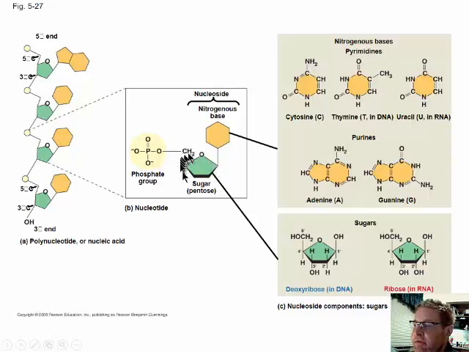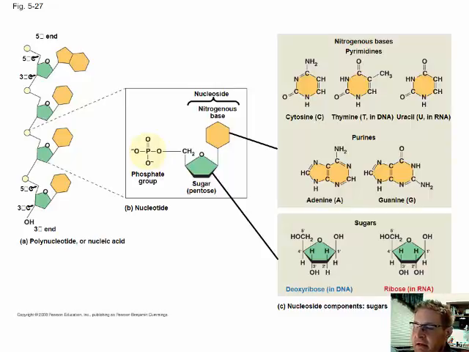So just a little bit about nucleic acids. Here is one strand of the nucleic acid, blown up here in the center. What's important here is that you have a sugar, a nitrogenous base, and some phosphate group.